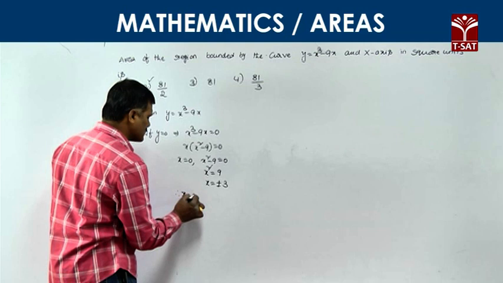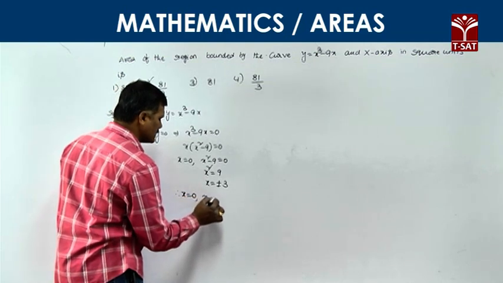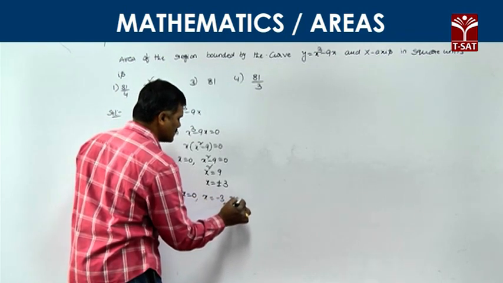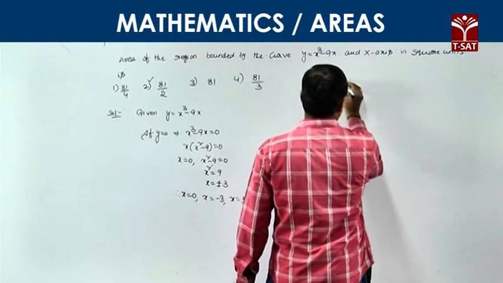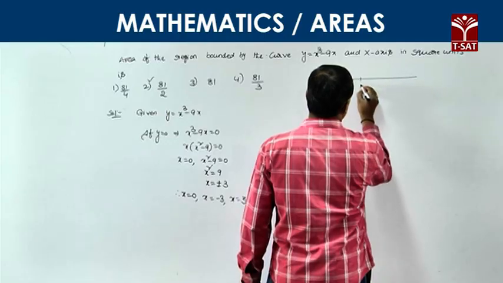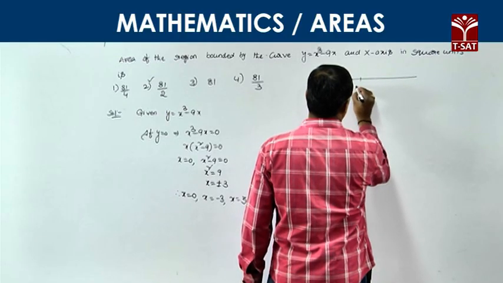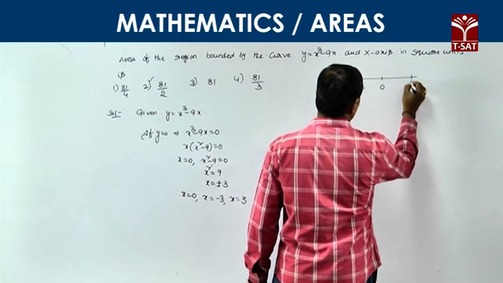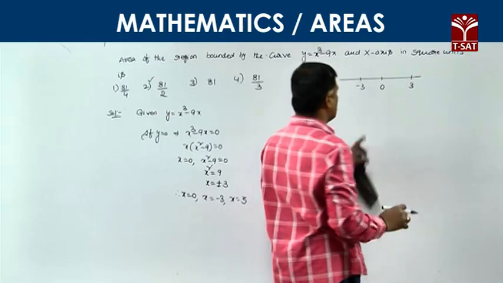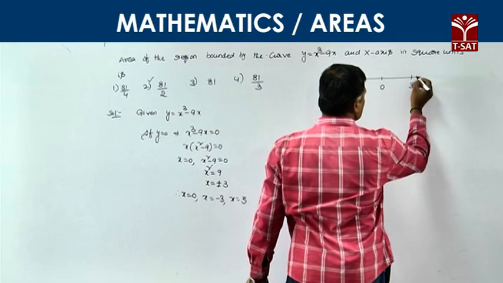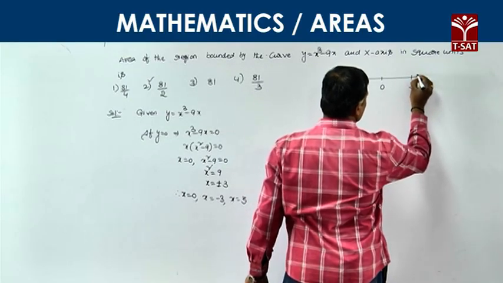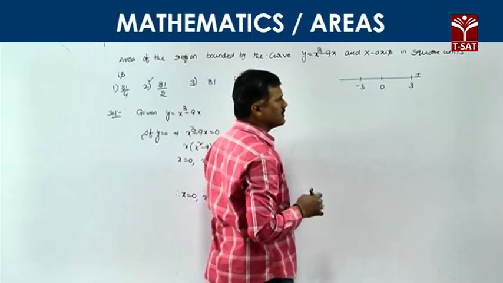Therefore x is equal to 0, x is equal to minus 3, x is equal to plus 3. So it is a cubic polynomial. How to draw: mark 0, minus 3 here, and 3. Among these roots, 3 is the greatest, so we can make it a positive sign.